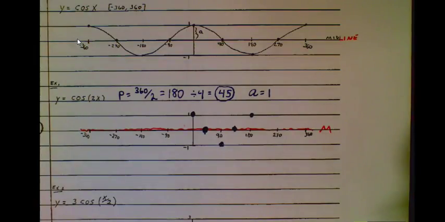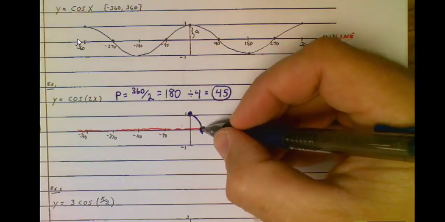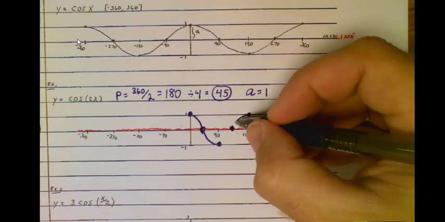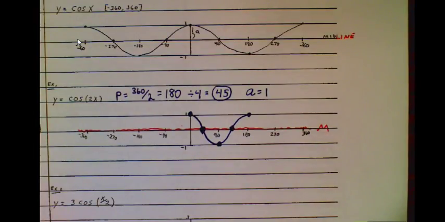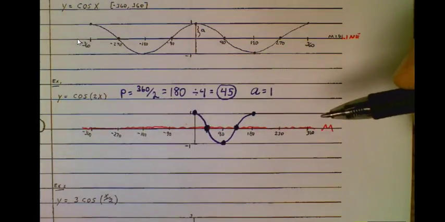And so we just alternate like that. So here is one full period of this sine graph, or sorry, cosine graph. It will look like this. And once you get one period of the graph, you just repeat the pattern from there.